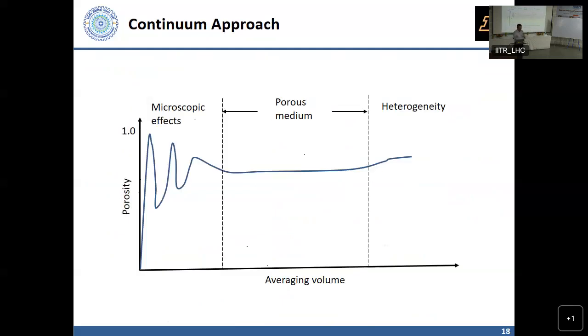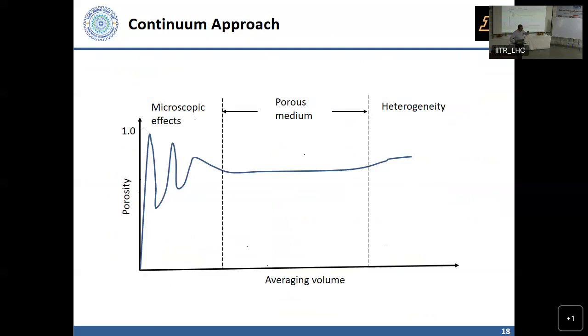I want to use porosity as an example to talk a little bit about the continuum approach. How many of you are familiar with continuum approaches, continuum mechanics? Several of you are. So the idea is this: porosity is a good property to talk about.